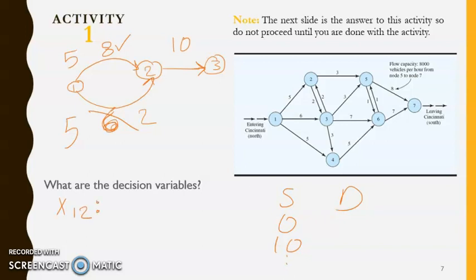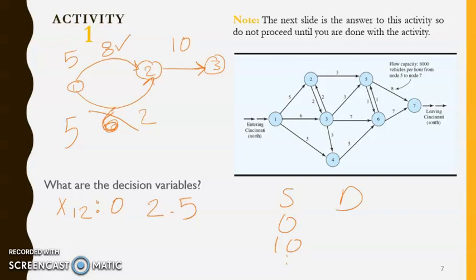What is x12? x12 is the amount of vehicles or traffic assigned to road 12. So if x12 is 0, it means that this road is not in the network. It's not going to handle any of the traffic burden on this network. Or if x12 is, for example, 2.5, it means that this road is going to work at 50% of capacity.